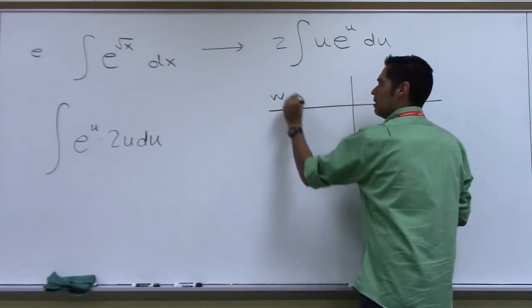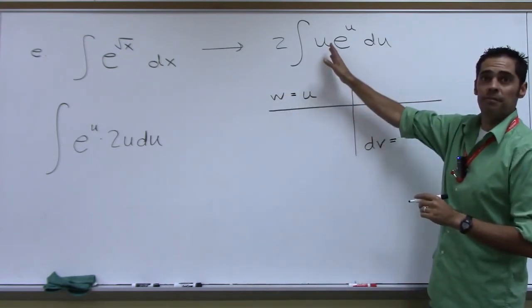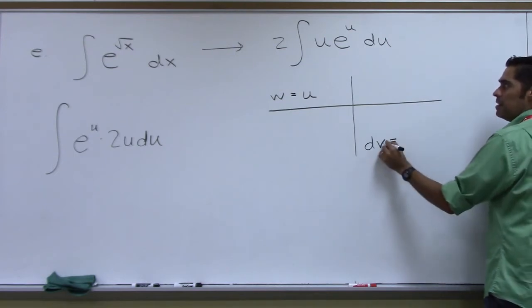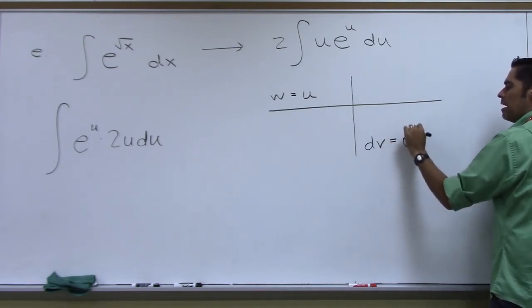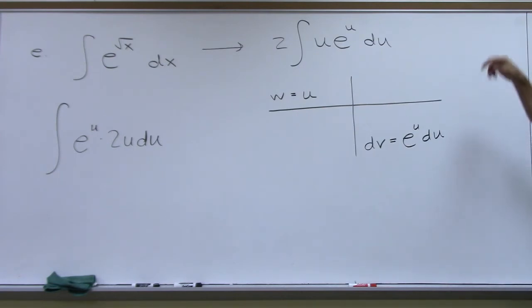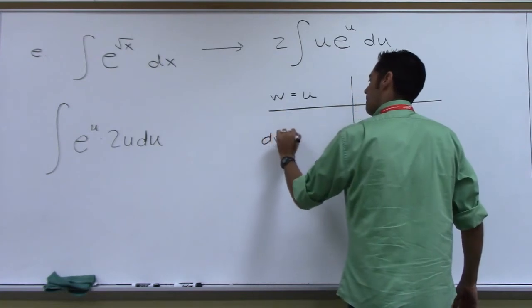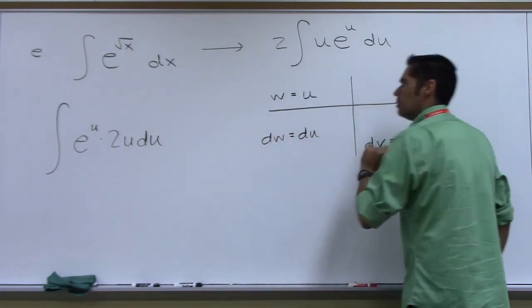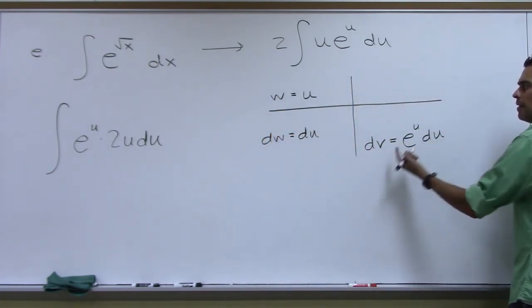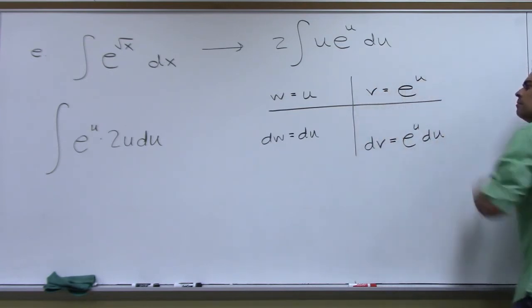W. So w is the u. dv is the everything else that was left, e to the u du. And then work your table. Derivative down on this side. dw is du. Oh, yeah, right? And then up here, v is e to the u.